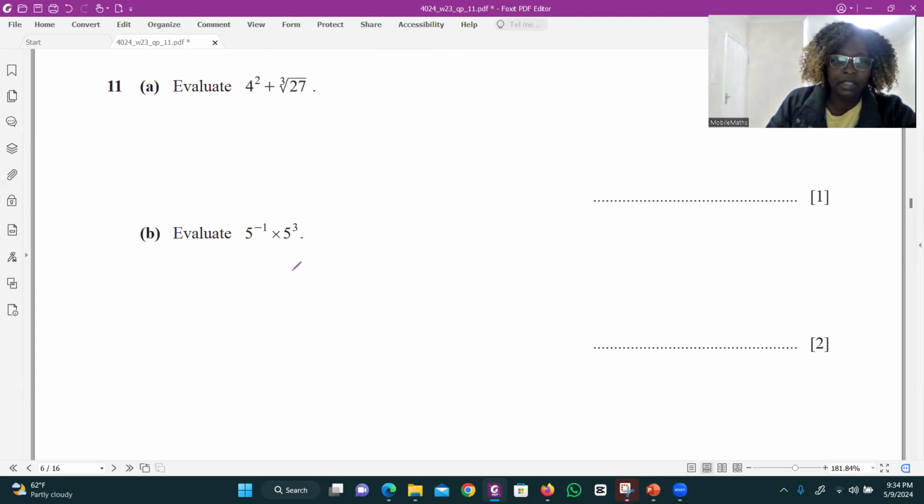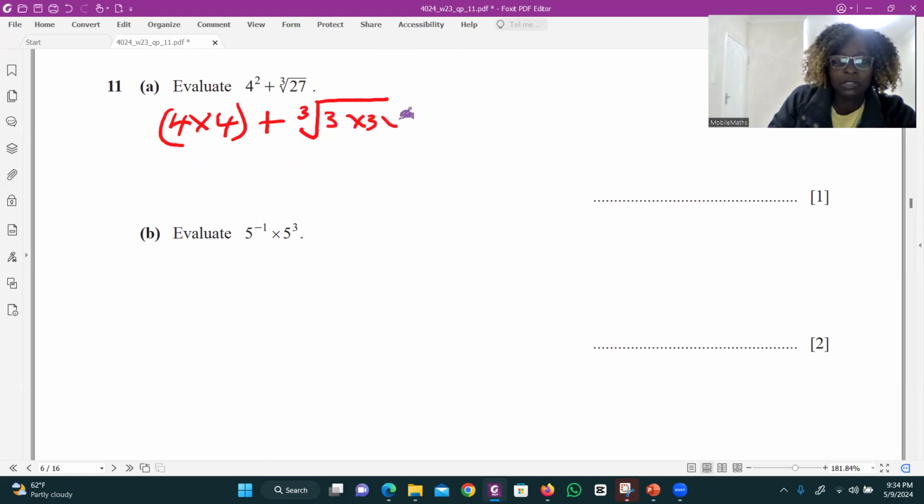Okay, number 11 is saying evaluate. So 4 squared is 4 times 4, then plus the cube root of 27, which is the same as 3 times 3 times 3. So we get 16 plus 3, so our answer is 19.